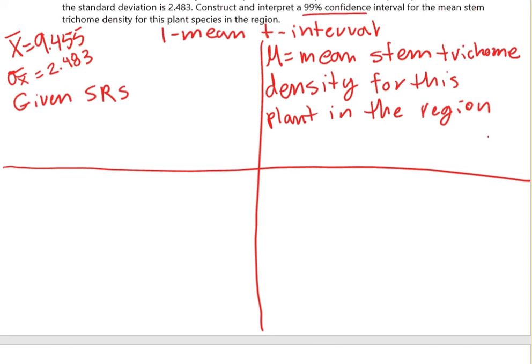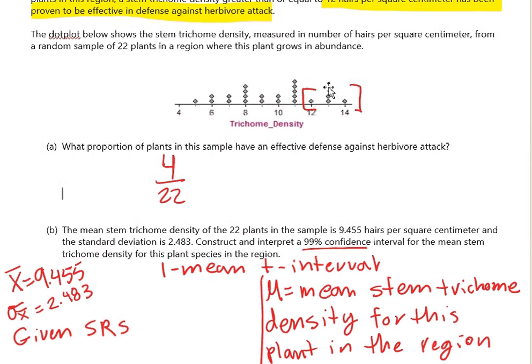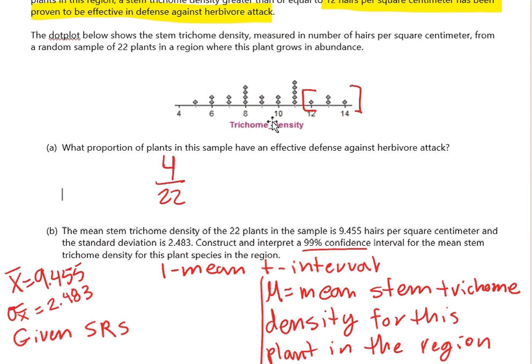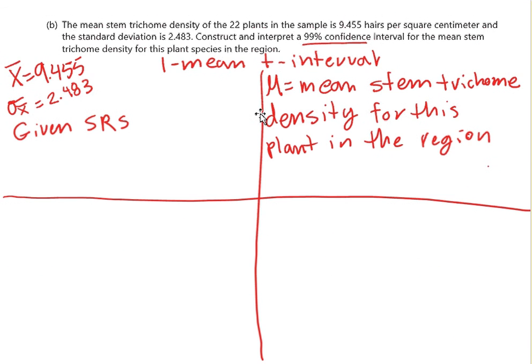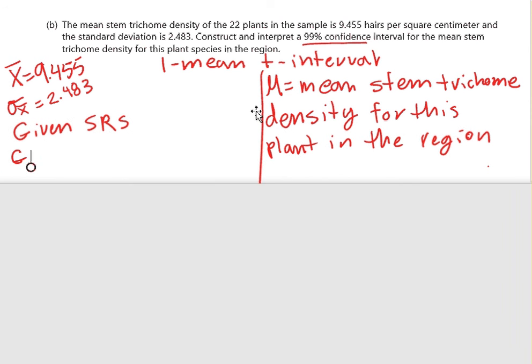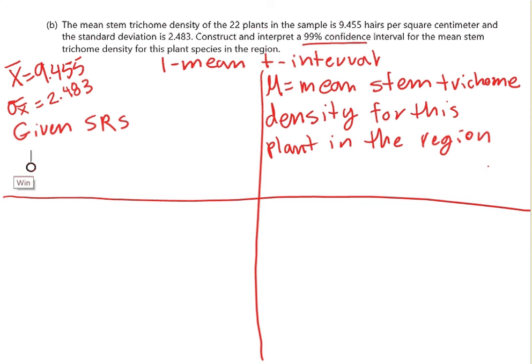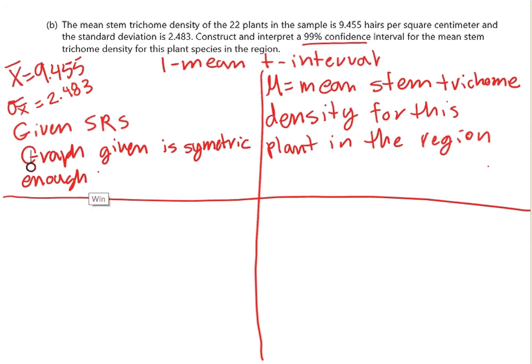So if we look, this is symmetric enough with no outliers that we're comfortable enough. So we're going to say the graph given is symmetric enough with no outliers.